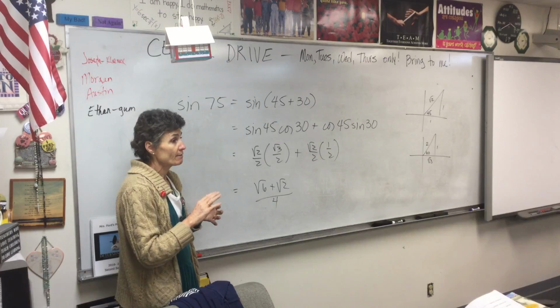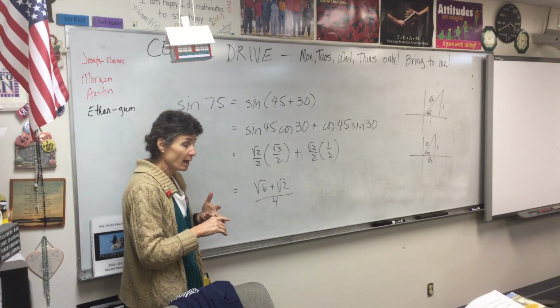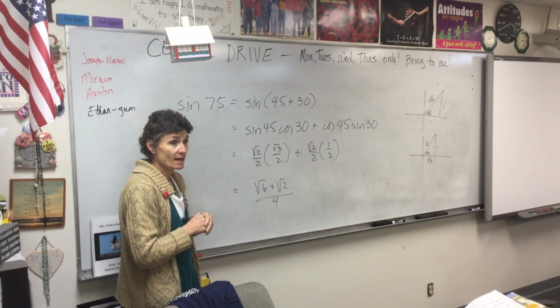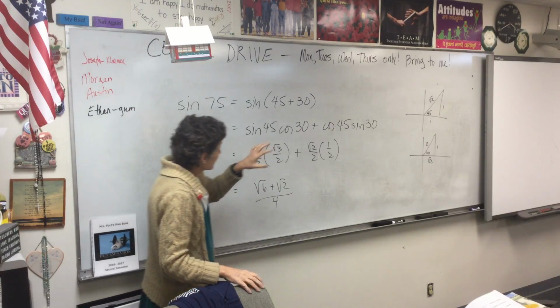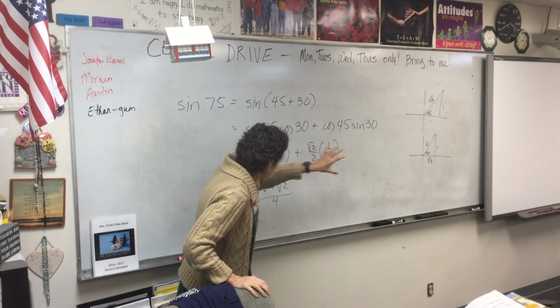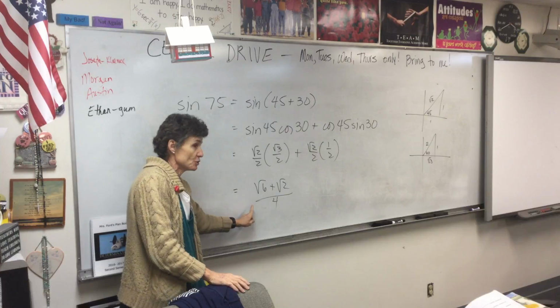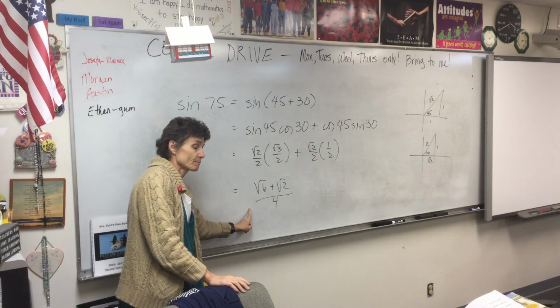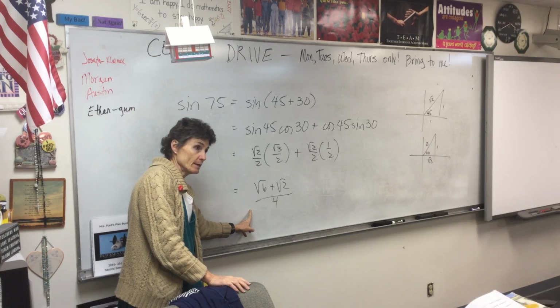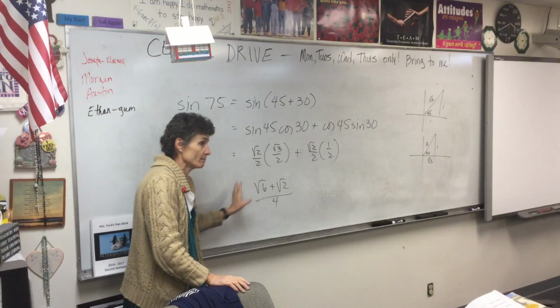Sine 45 cosine 30 plus cosine 45 sine 30? Yeah. And then you took the numbers from the pictures and plugged them in. Did you get this answer right here? In some form. All right, you did not. Who has a question about something there?